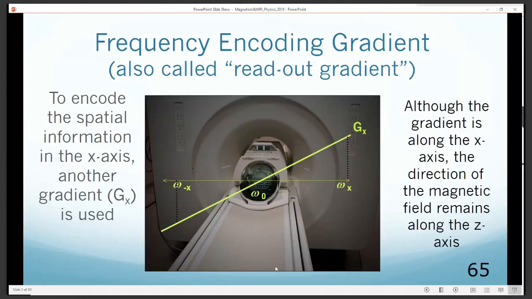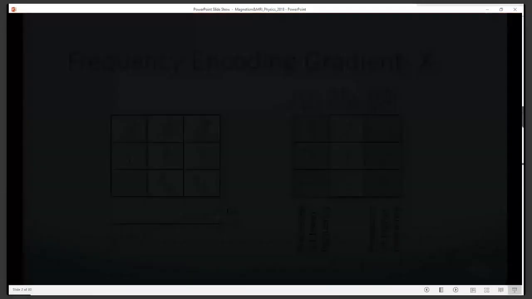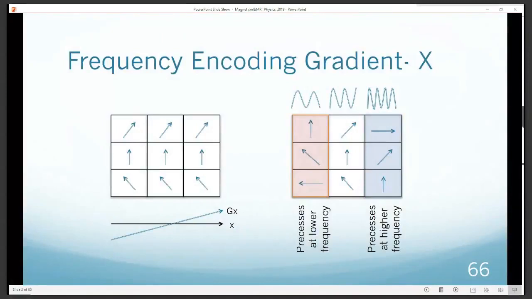It's changing the frequency of the signal going across the patient from left to right here. And so there's different frequencies coming from the right arm than there is from the left arm. And so you can sort where the signal's coming from in that direction by the frequency. And so at lower frequencies, you get a lower signal. At higher frequencies, you get a higher signal.